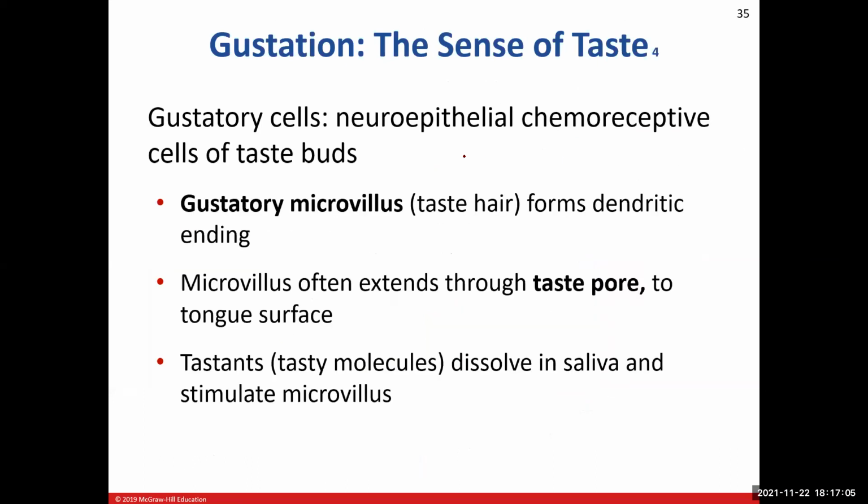Okay, so at one end of our gustatory cell, we are going to have our microvilli, and that's going to be the actual dendritic end of that cell. And that dendritic end will contain those chemoreceptors, which will be stimulated when the taste molecules come in contact with those receptors.